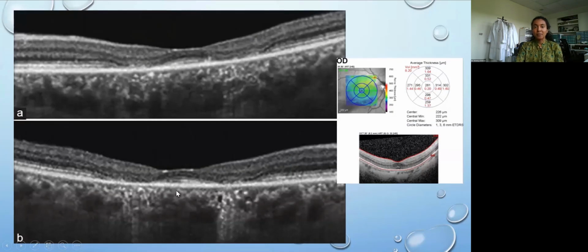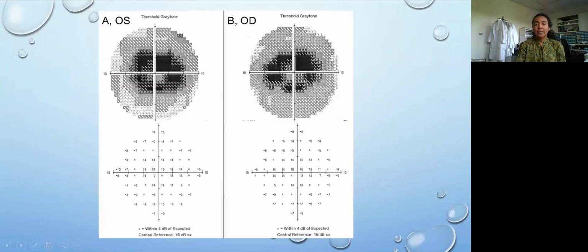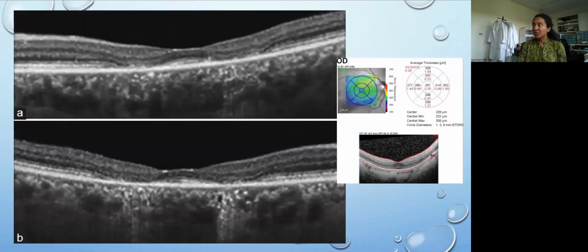It is definitely visually significant, because the ISOS junction, or the ellipsoid zone, the PIL, the photoreceptor integrity line, is totally disrupted. I just wanted to show you that to compare to the patient I saw. Hers is slightly disrupted, but certainly not as bad as this textbook case.